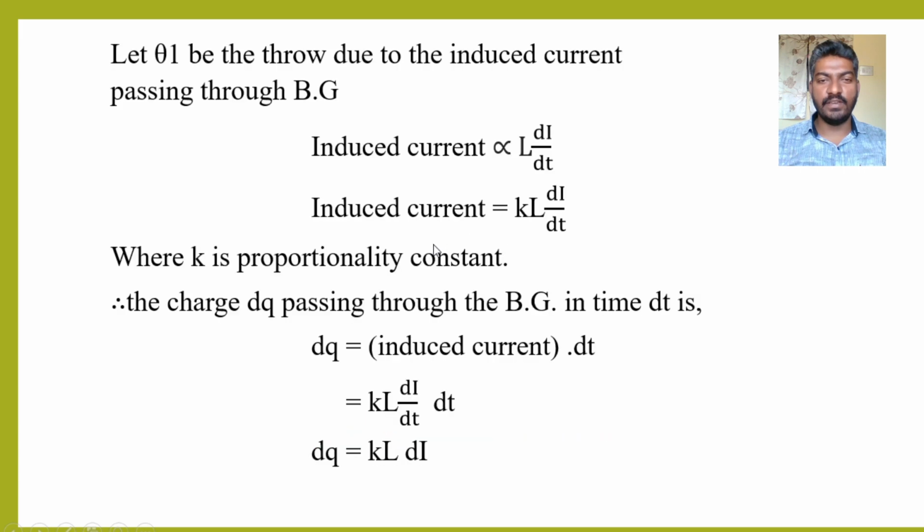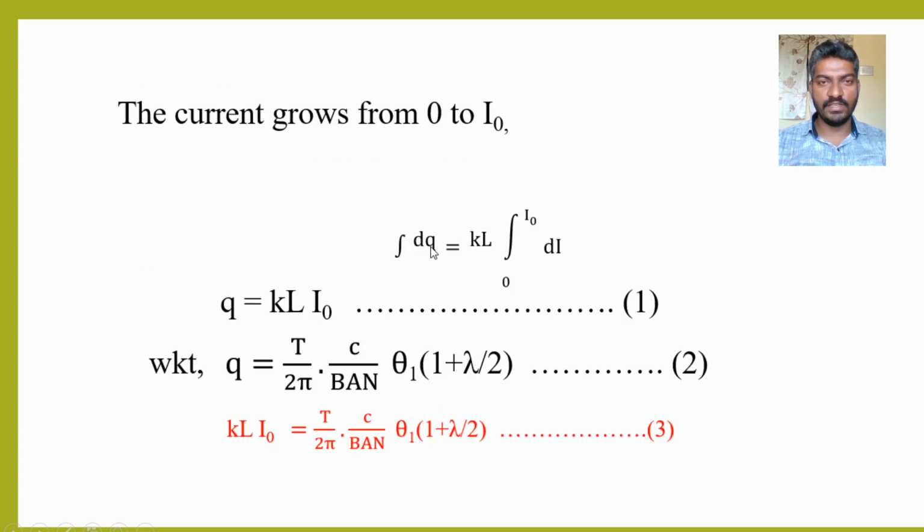Therefore, integrating this equation, that is integration of dq is equal to KL, current from 0 to I0 into di. So this becomes q, and the right hand side KL into I0. Let us have this as equation 1.